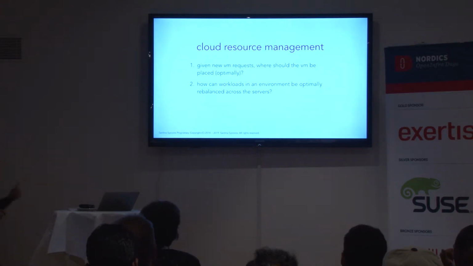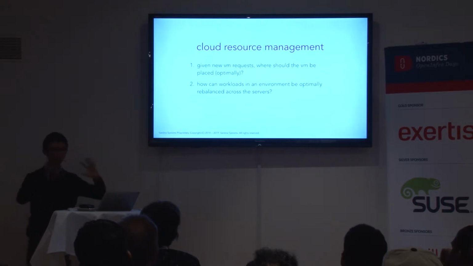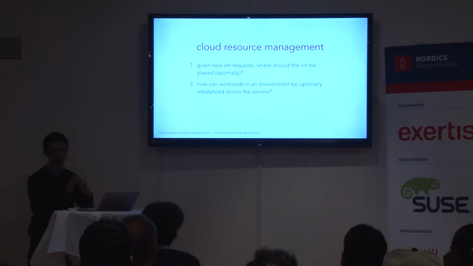Given new VM requests, where should each be placed optimally? And as the profile of the workload changes over a period of time, how do we optimally rebalance them? How do we optimally repack them onto as few or as many servers as necessary to cater to the workload?